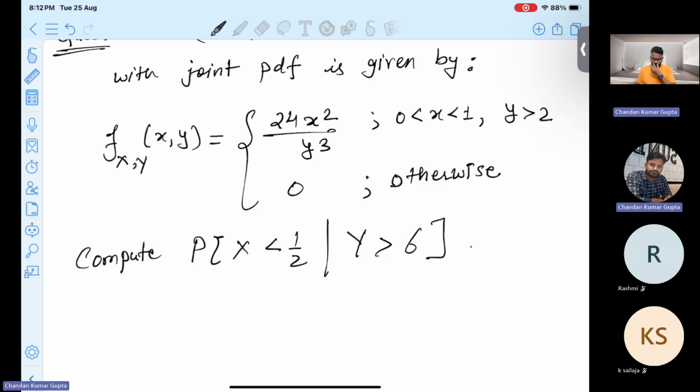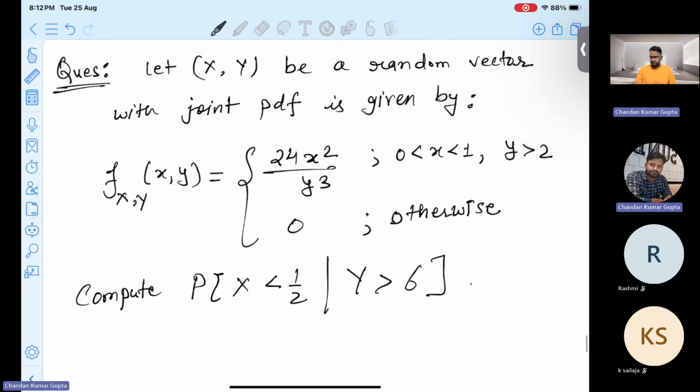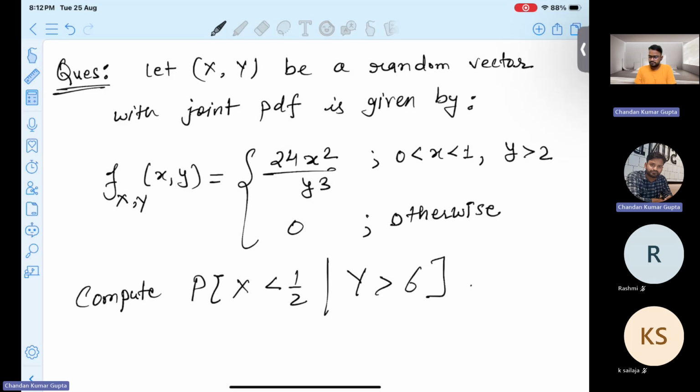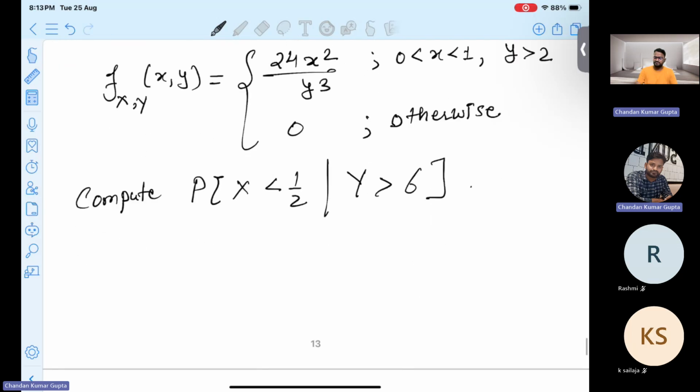The question is this: we have two random variables with the joint PDF given there, and we need to find the conditional probability now. Okay, so let's start.